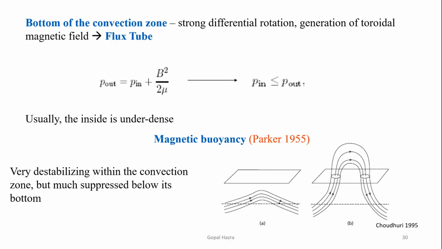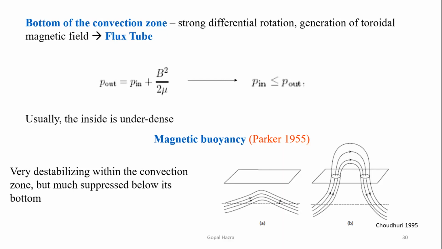And now you know that if you put something in, there is buoyancy again. The magnetic flux tube is in a plasma, in a gas. Inside the magnetic flux tube there is a magnetic pressure. If you calculate this, the pressure exerted by the tube to the outside is B squared by 2 mu. In CGS, it is B squared by 8 pi. Then, the inside pressure of the flux tube is actually P out minus B squared by 2 mu.